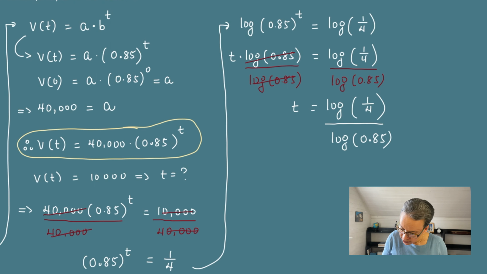Now at this point, that's when you grab your calculators and you approximate this to get a better sense of how long it will take. And when you approximate this, you're going to get approximately 8.53 years. Well, that means that it will take around 8.5 years for the value of the car to depreciate all the way to $10,000.